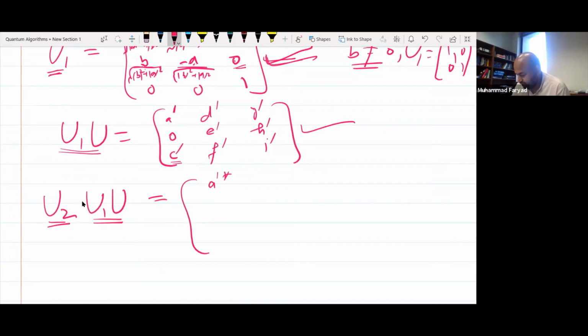Some A prime star, there's a C prime square. We put a 0 here.